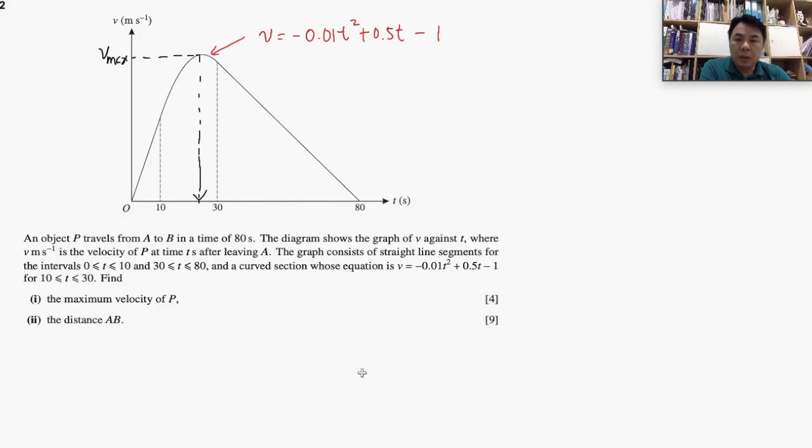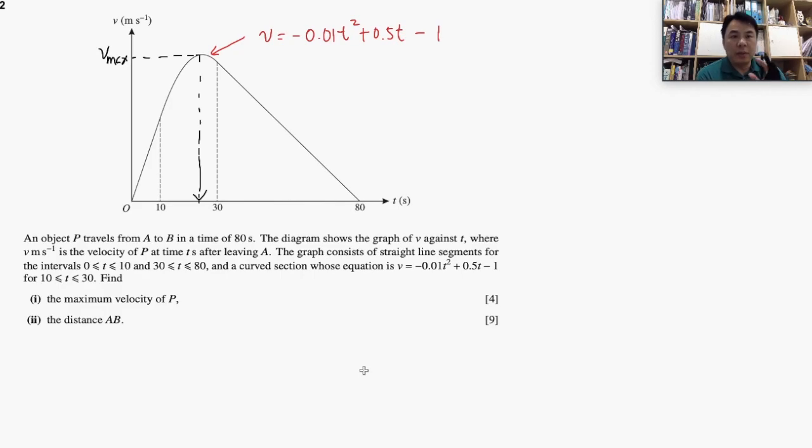By using the knowledge from Pure 1, we can use the traditional method of completing the square, because the purpose of completing the square is to locate any stationary points, be it a minimum or maximum. In this case, I'm going to use this strategy to work out the maximum velocity.